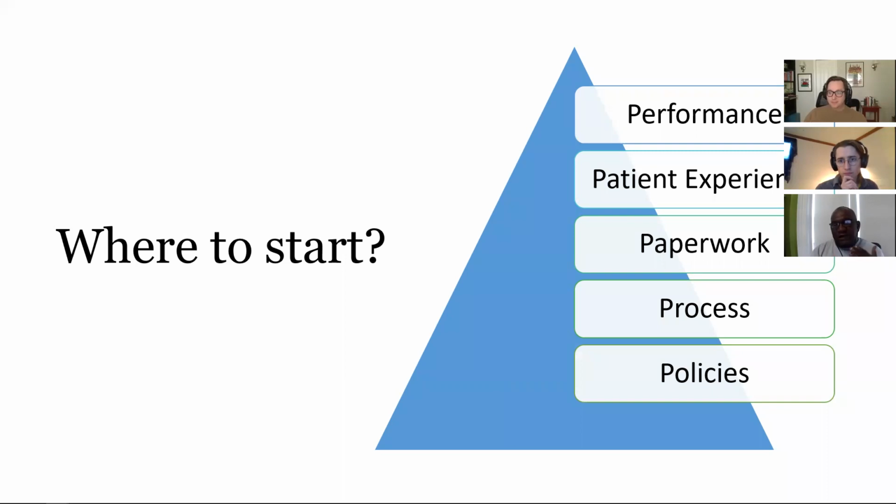And as each one of these builds on one or the other, it doesn't necessarily have to be in this order that you see it in. Some places start off with policy first, and then it builds on to performance or patient experience, and then it builds on to policy. So it's a good way to start. These are great P's, but you don't necessarily have to start in that order.